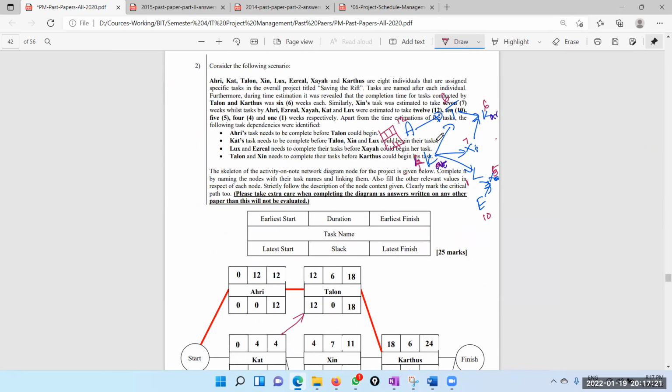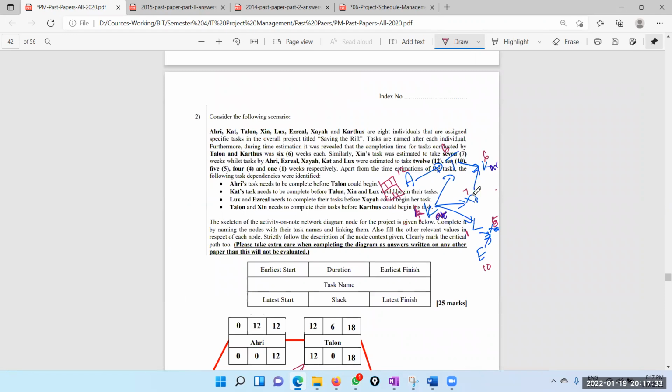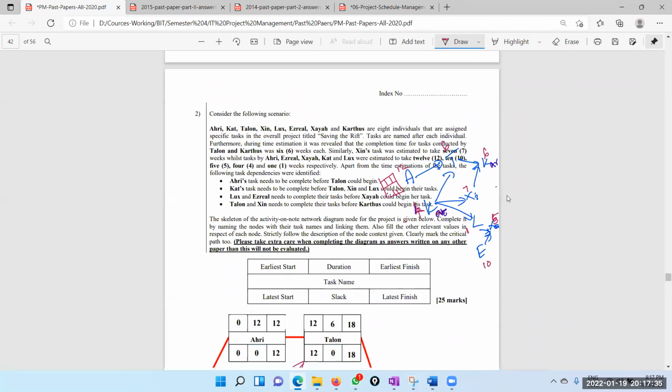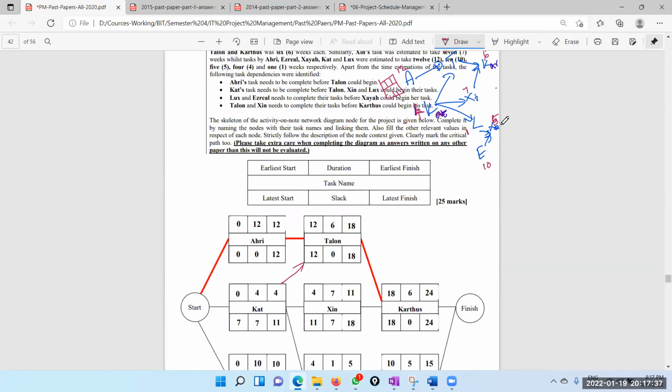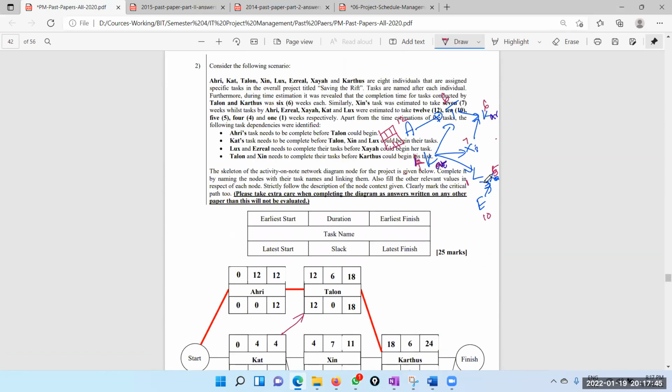You can say K to these three is there, right? 1, 1, 1, and from Talon and Sin, we have the Carthus. Talon and Sin to Carthus, and this L and E to Xi. So this is L and this is E, Lux and Israel. Okay, Lux and Israel to this one.